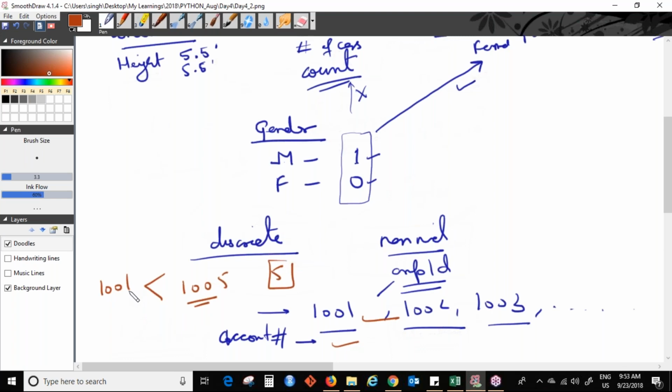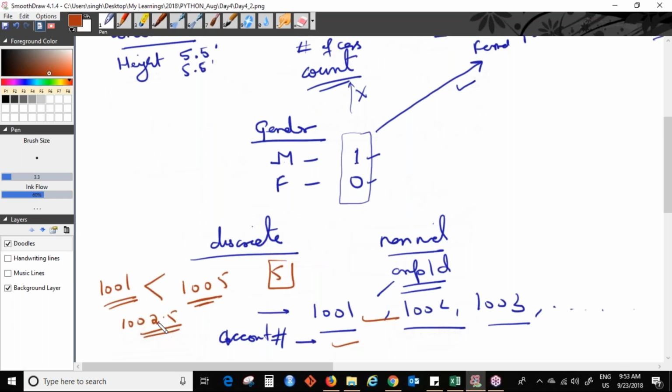No, we never use that, Sinos. Do you think you use account number to take an average? You never take account numbers to take an average, right? Do you take the average of employee numbers? Will that make sense? I have an employee with employee number 1001 and an employee with employee number 1005, so their average is 1002.5?